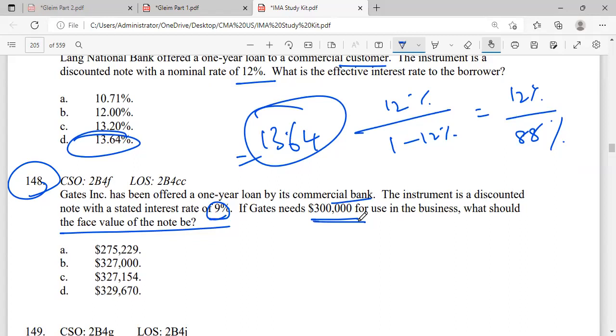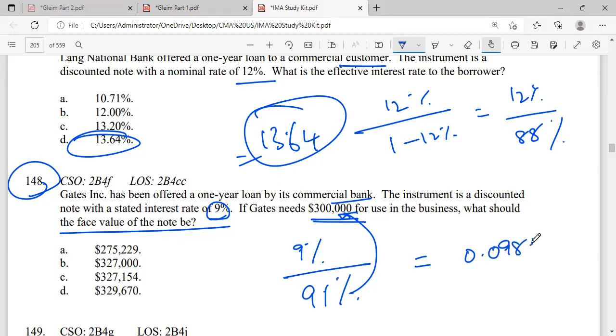300,000 he's requiring. Just keep that interest rate away. So this 9% should be of the remaining 91%. So 91% should be 300,000 because that's what he needs. So 9 divided by 91% will give us how much? 0.0989.